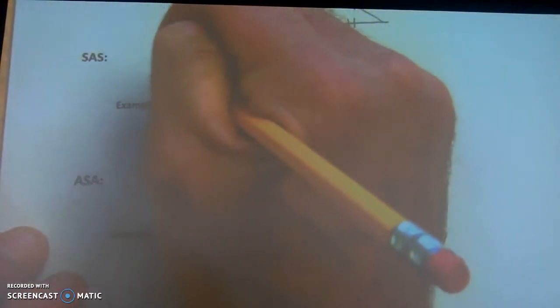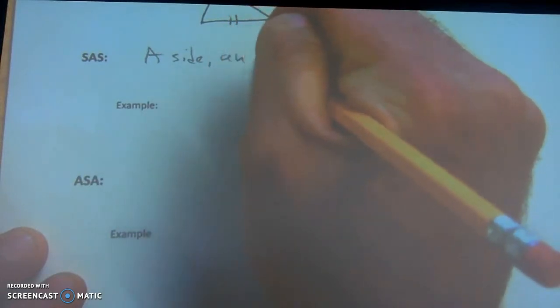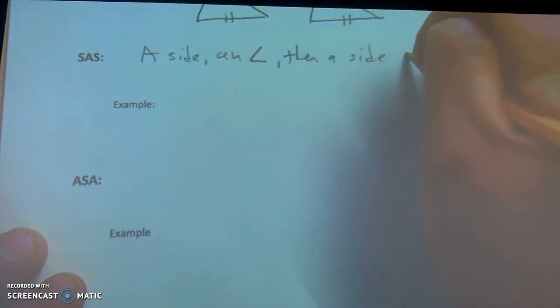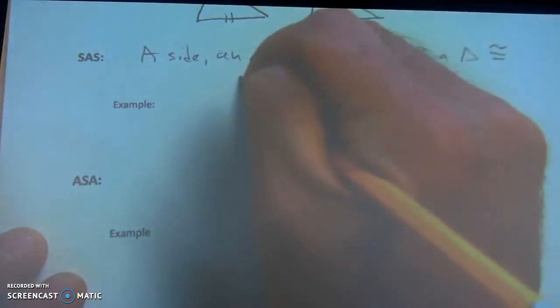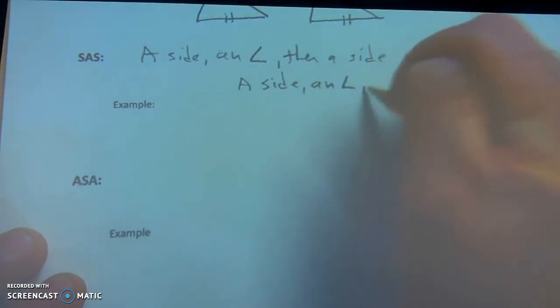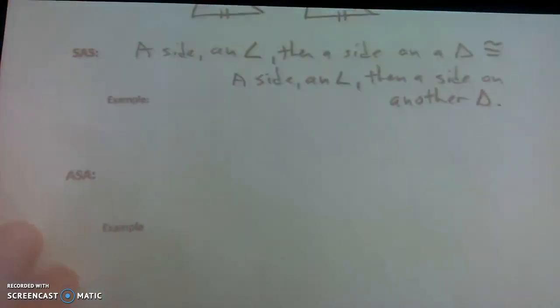That would be a side, an angle, I'll abbreviate, then a side on a triangle is congruent to a side, comma, an angle, then a side on another triangle. Okay, a little more confusing.